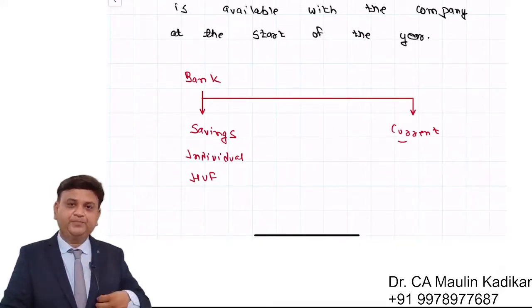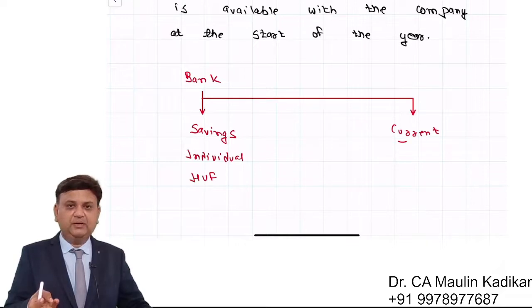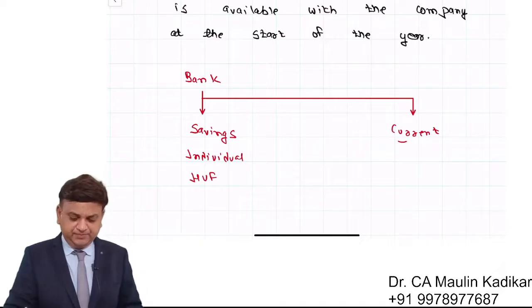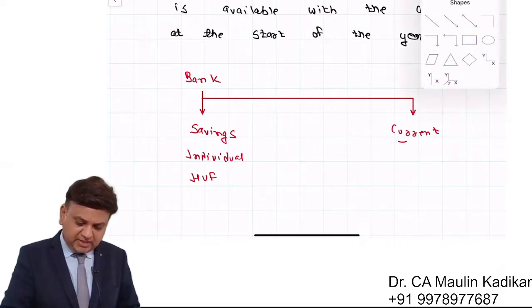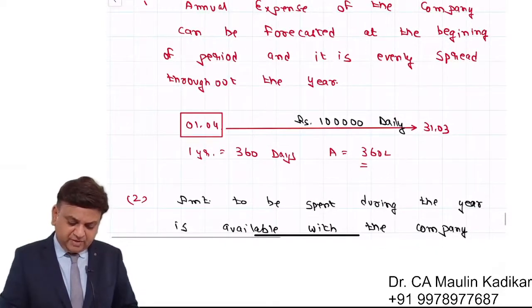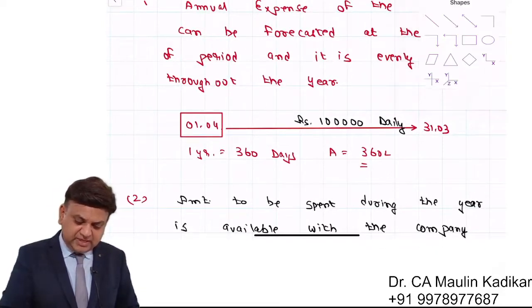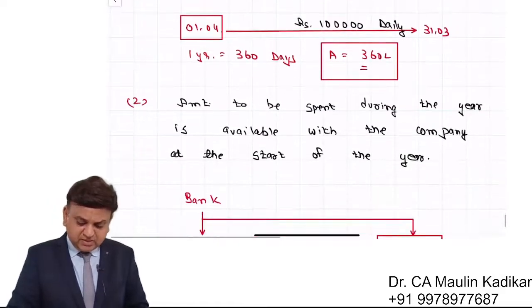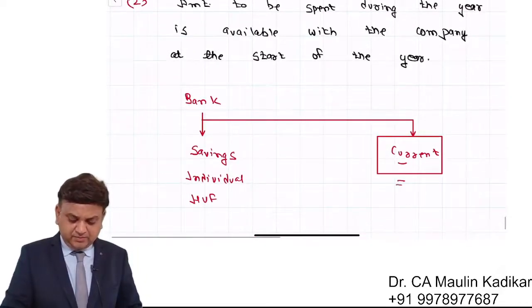For example, a private limited company, a limited company, a partnership firm, a proprietary firm, an LLP, a trust, or any other organization. It is only the current account that they have. Now, whatever the amount which is available with us at the beginning of the year, is it wise to keep the funds in the current account?